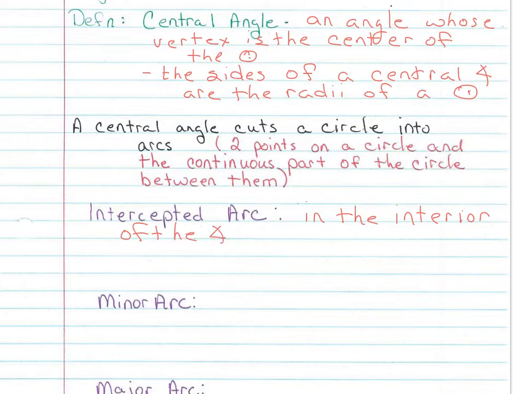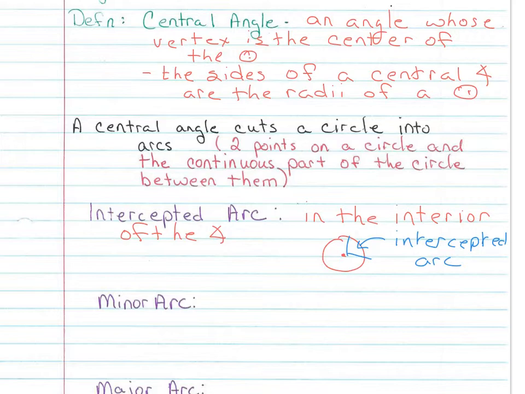So if I had a circle and this central angle, this is your intercepted arc. And the rest of this is also an arc. But you've got your intercepted arc and then you've got the remainder of the arc. And we're going to talk a little bit more about those.